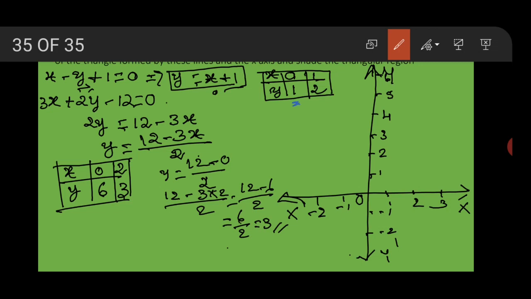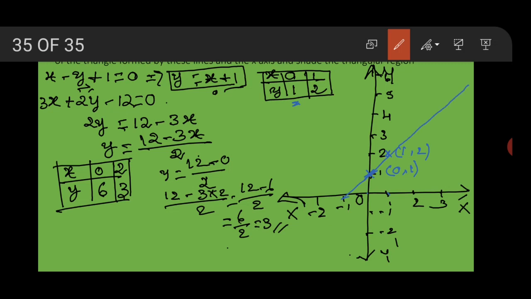Now using the first value table, note the point. What are the coordinates of this point? 0, 1. If x value is 0, y value is 1. See this point. The second point is 1, 2.